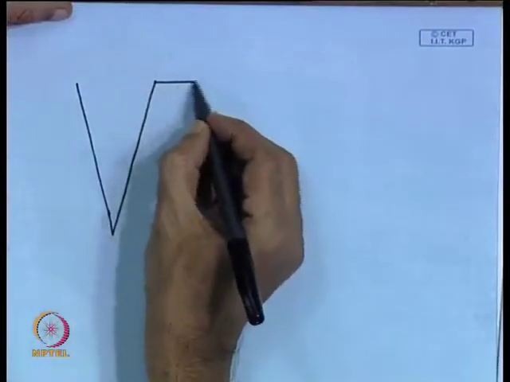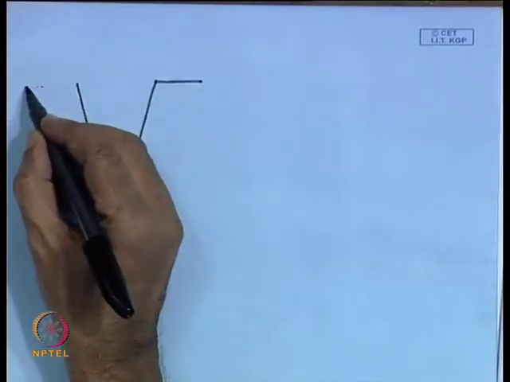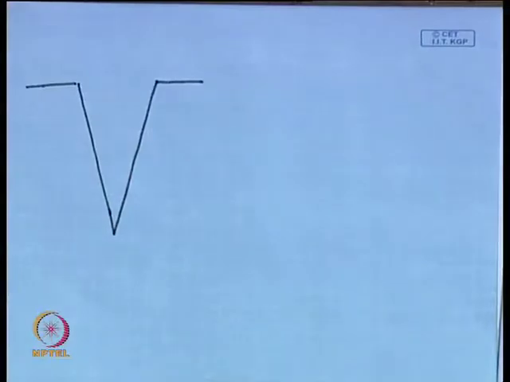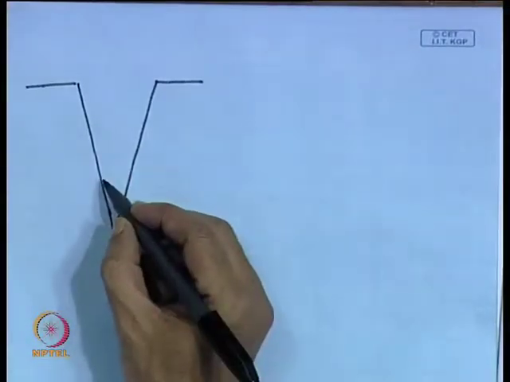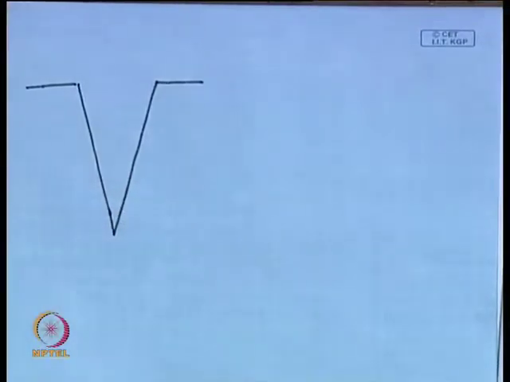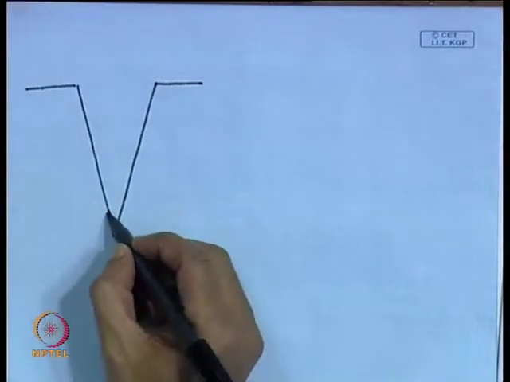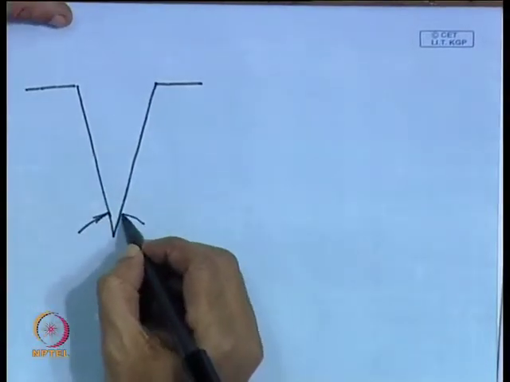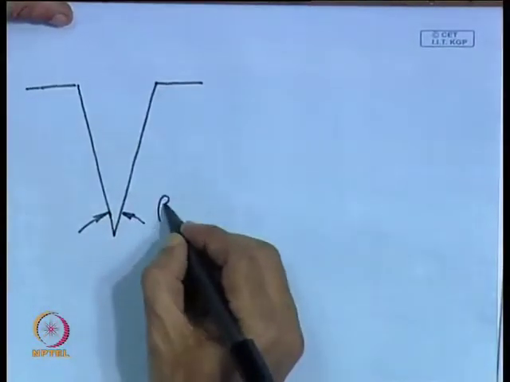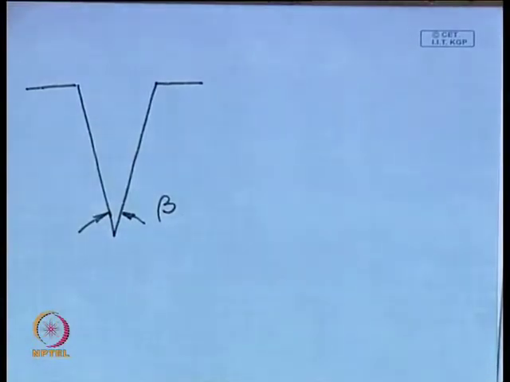Let us examine the possibilities one by one. See, as I have told, some amount of vapor or gas or a mixture of vapor and gas is entrapped over here, and this angle is beta. Now, if this angle beta is very small, then what will happen?